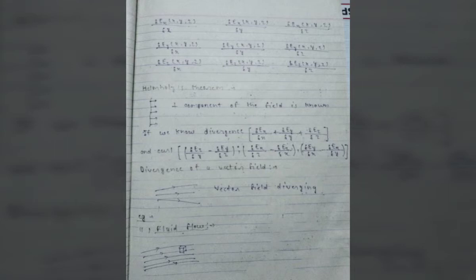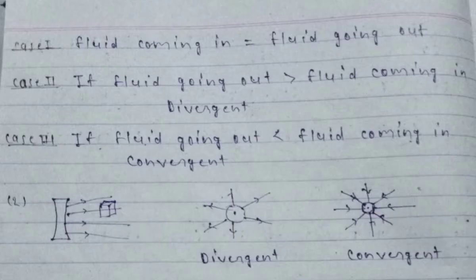So let's see, if I take a small volume here, and whatever fluid is coming in is equal to the fluid going out, in that case I would say it's not really diverging.